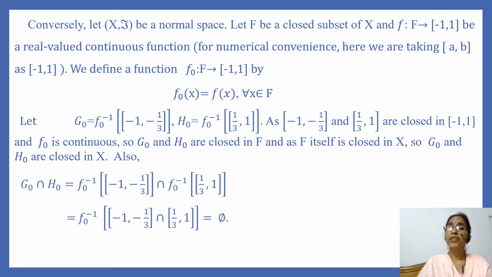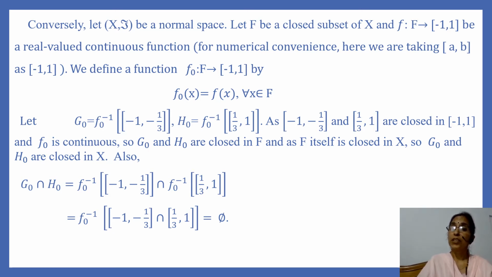Now we define a function f naught from closed set F to closed interval [-1, 1] by f naught of x is equal to f of x for every x belongs to F. That means both functions f naught and f are the same. Let g naught be equal to inverse image of closed interval [-1, -1/3] under f naught, and h naught is inverse image of closed interval [1/3, 1] under f naught.